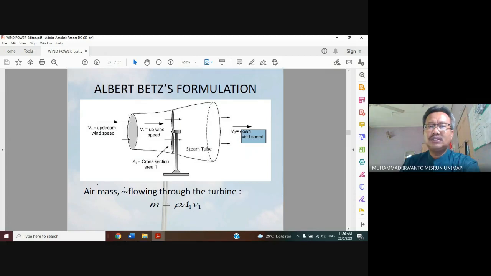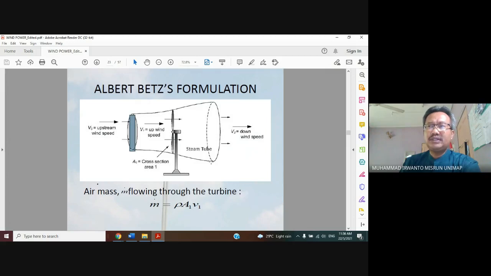It is area A0, and then after arriving at the wind turbine, the area is A1, the cross section area on the wind turbine. After striking, the area is like this one, when the wind speed is V2, the downwind speed.